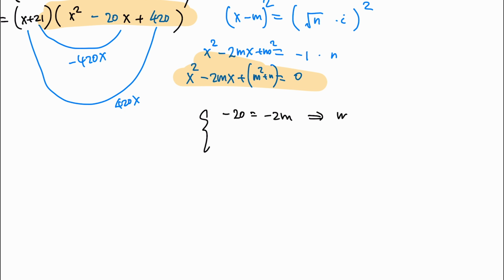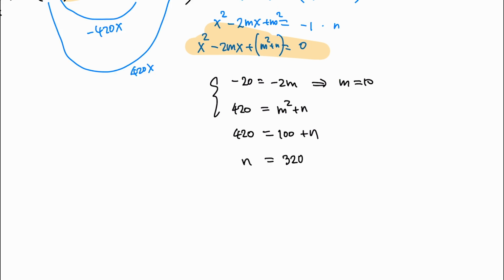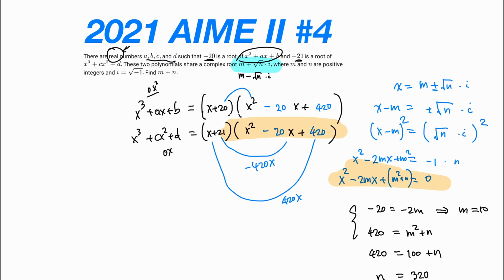Obviously, that will give you m equals 10, and 420 is equal to m squared plus n. Because we know that m is 10, we have 420 is equal to 100 plus n, to give us n equals 320.